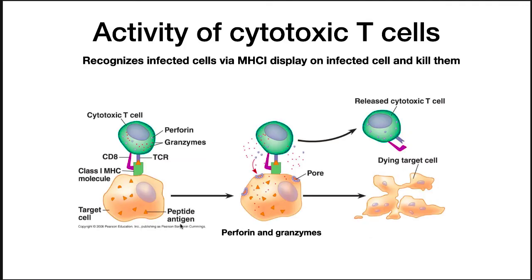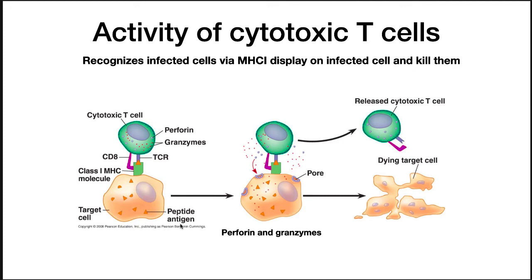When a cytotoxic T cell is activated, it first recognizes an antigen. It then is reinforced by a Th2 helper cell and activated. When it recognizes that antigen for a second time, it kills. And cytotoxic T cells kill in two ways.